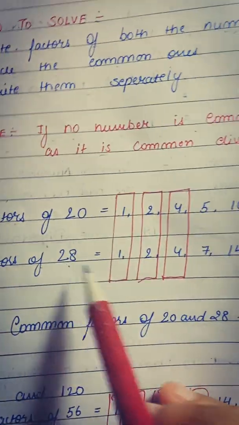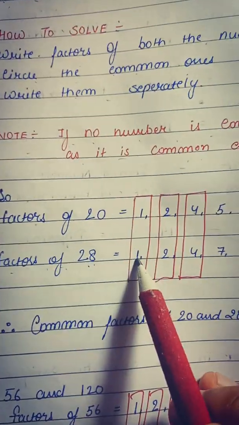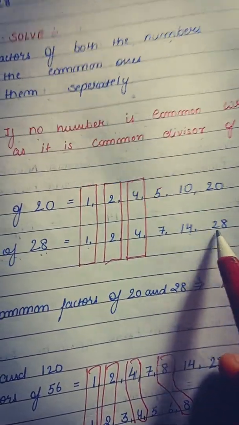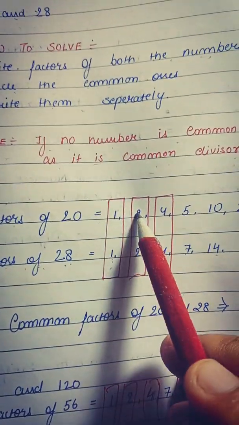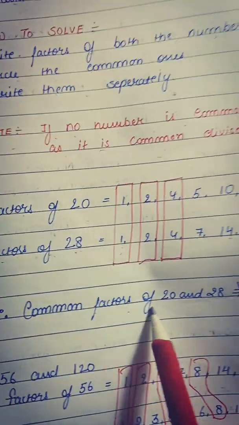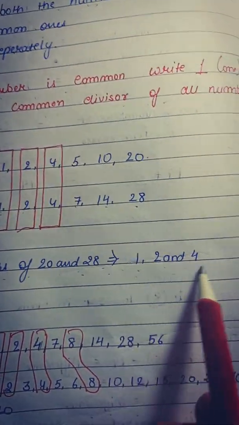Factors of 28 are 1, 2, 4, 7, 14 and 28, and the common ones are 1, 2, 4. So therefore the common factors of 20 and 28 are 1, 2 and 4. This is the required answer.